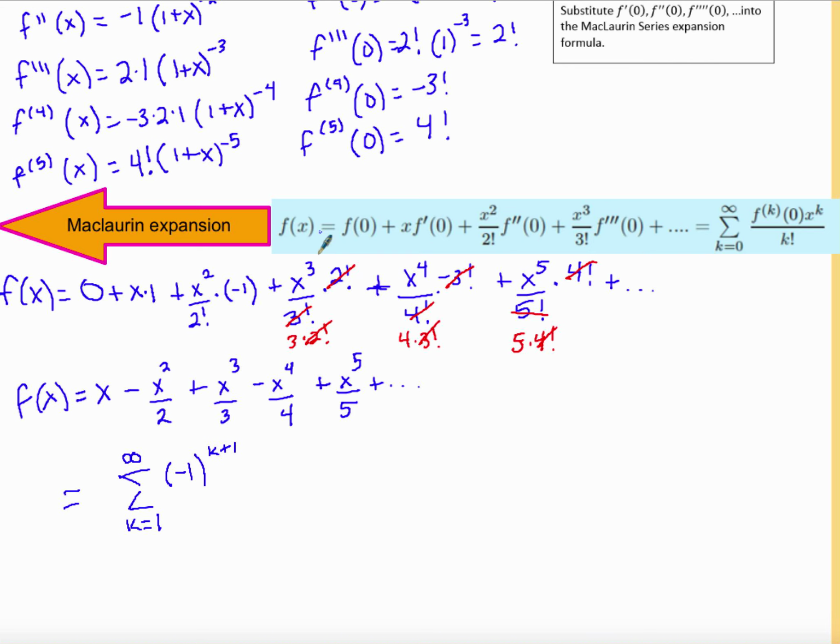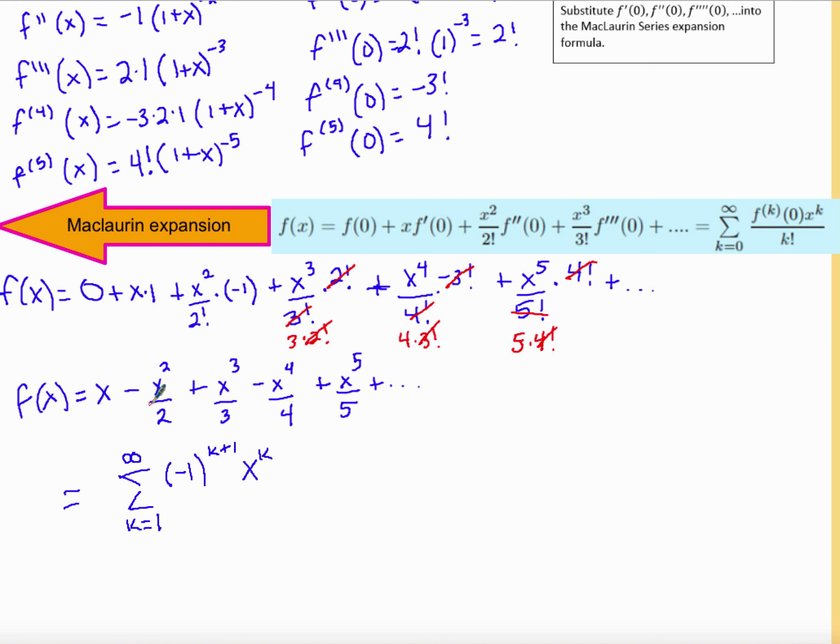Now, what am I going to multiply it by? Well, I need an x, right? I don't want just a positive 1. I need an x. So x, but let's maybe make that x to the k power, because x to the first power does give me x. And then I'm not going even or odds. I don't have to do anything fancy to change my exponents. Just whatever k value I start with is what exponent I'm on.